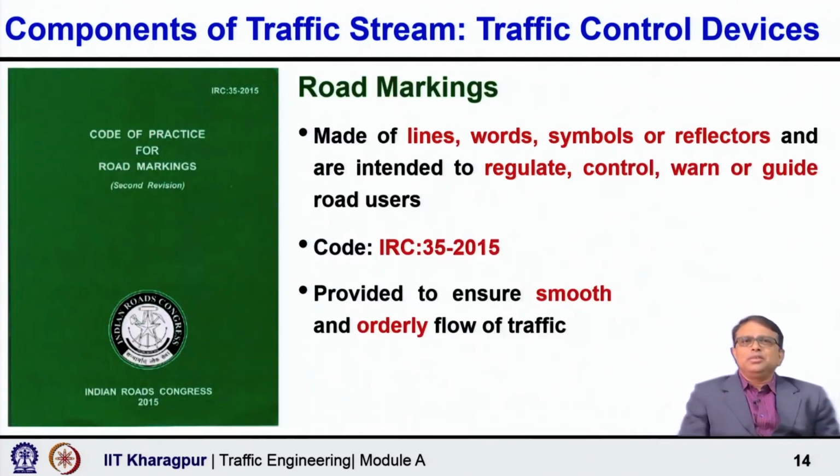Coming to road marking, the code which is followed by all of us in the Indian scenario is the Indian Roads Congress guideline IRC 35 2015, or maybe over a period of time new versions will come, but this particular code IRC 35, whatever is the latest edition, that must be followed for anything related to road marking.